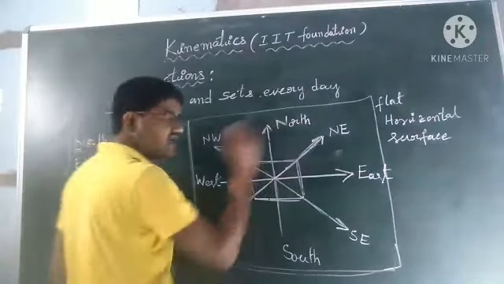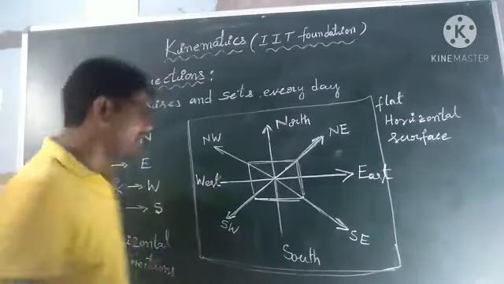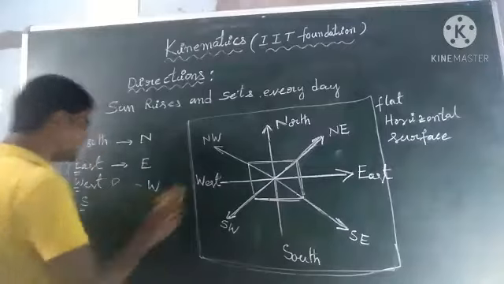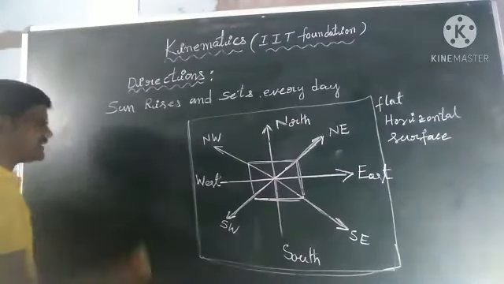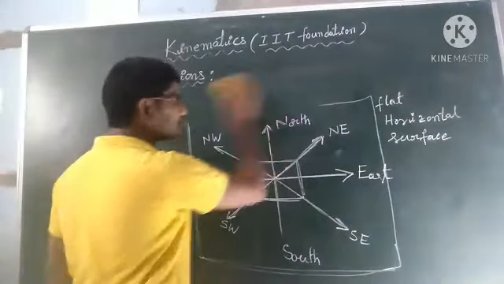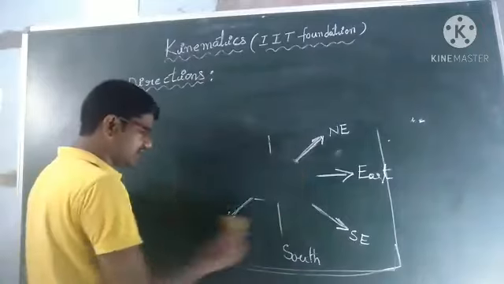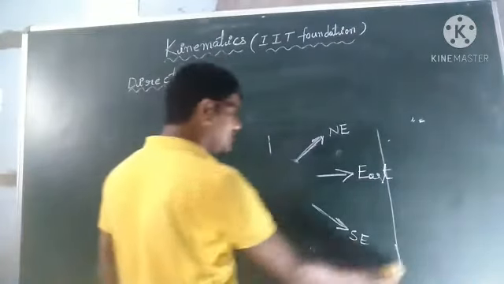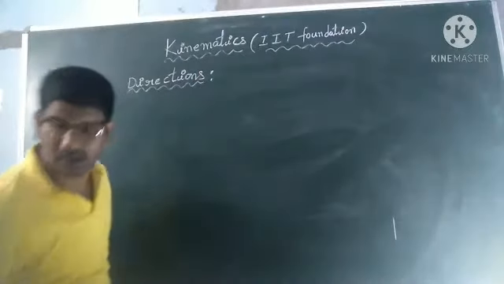If any vector quantity does not lie exactly in the northeast or the southeast, then how it will be represented we can see now.